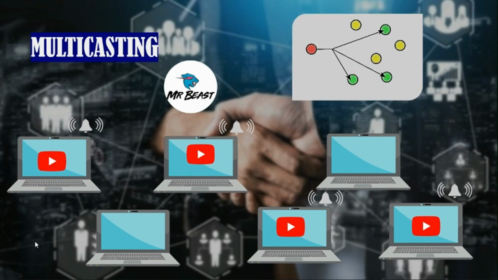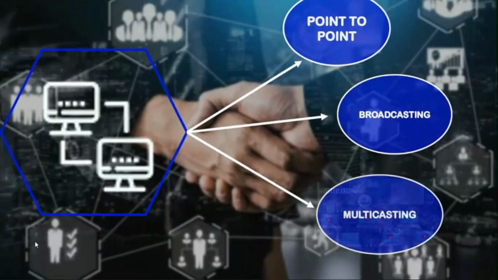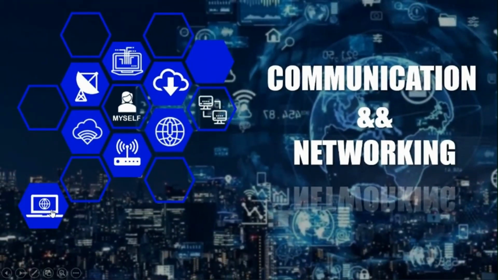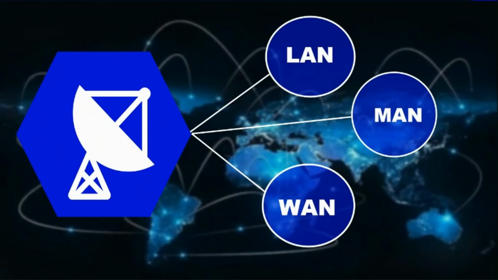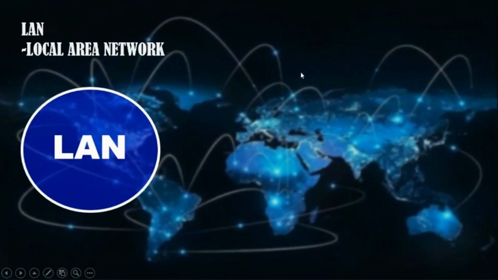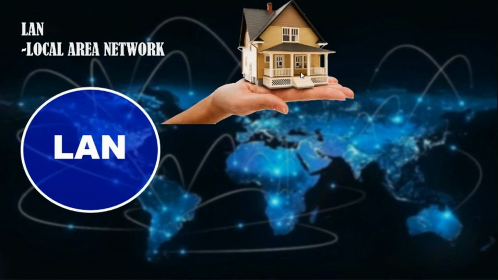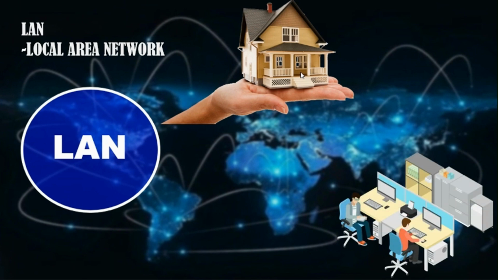In order to achieve successful communication, we need networks, and among the most used and prominent, we have the LAN, MAN, and WAN. And what does LAN mean? LAN means local area network, and this is the most common type of computer network in homes and workplaces.